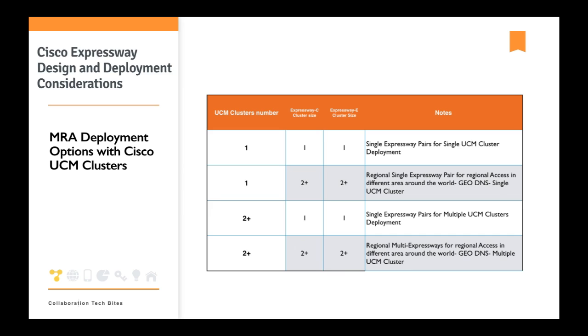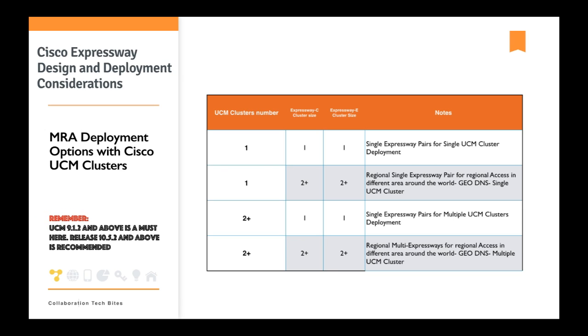You can have one single pair, Expressway C and Expressway E, serving multiple UCM clusters, or you can have multiple regional, multi-cluster Expressway E in a regional access to multiple UCM clusters. Okay, this is especially in 8.5.